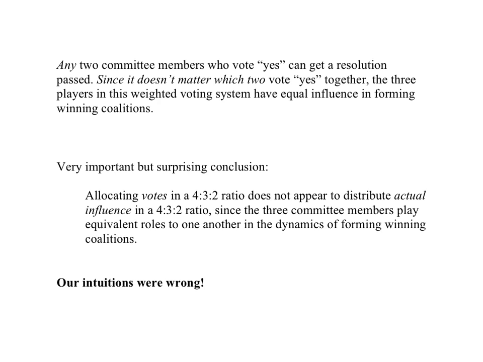So this is really a key point, and if it's not clear, I urge you to make it clear before you continue. This is an absolutely crucial point for what's going on in this subject. Allocating votes in a certain ratio does not have the desired effect of distributing actual power in that ratio. It just doesn't work out that way when you analyze the dynamics of forming these winning coalitions.